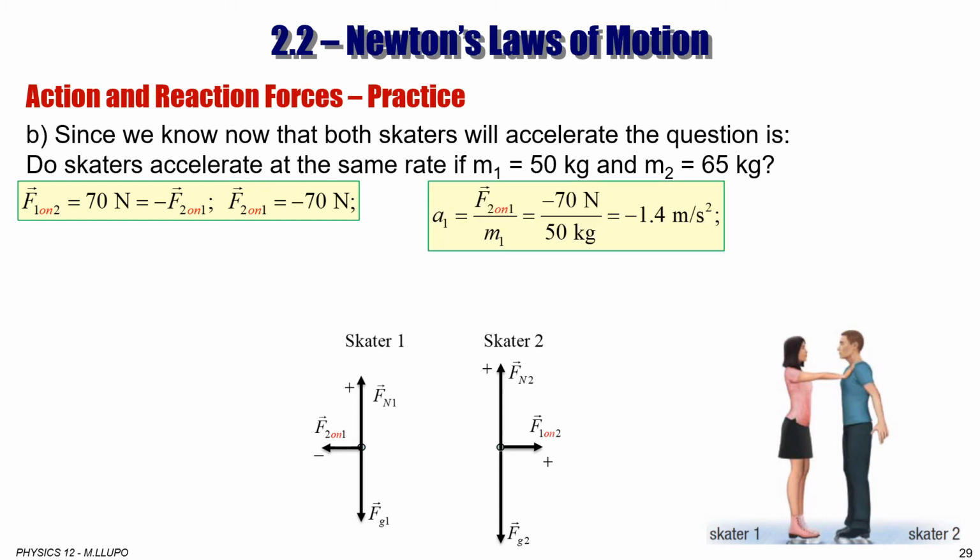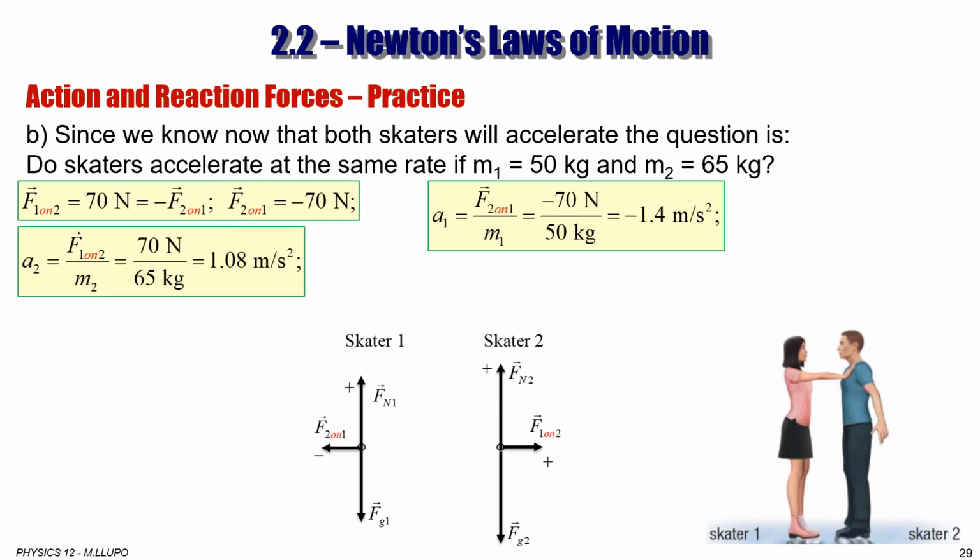If you do the same thing for skater 2, the force object 1 applies on 2, 70 divided by 65, is 1.08 meters per second squared. So both objects will accelerate, but the rate of acceleration will depend on their masses. And since the masses are different, the accelerations have to be different.